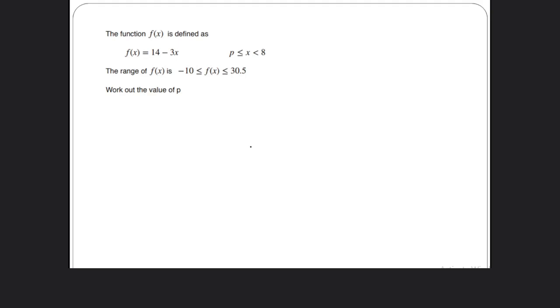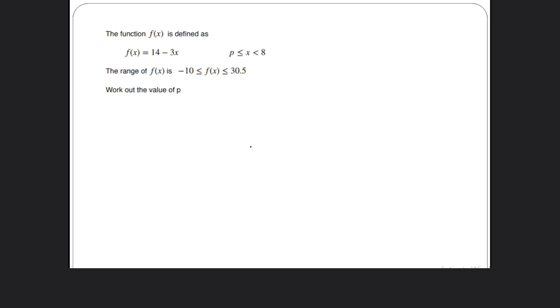The first question. The function f of x is defined as f of x equal to 14 minus 3x. The domain is given as p less than or equal to x less than 8. The range of f of x is given as negative 16.5 to 30.5.